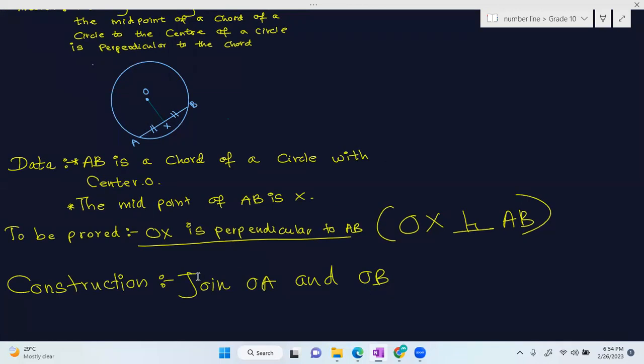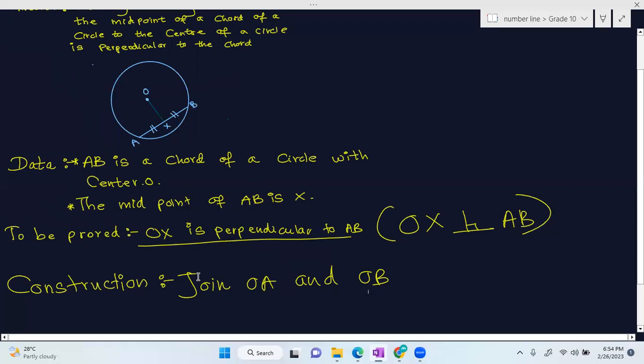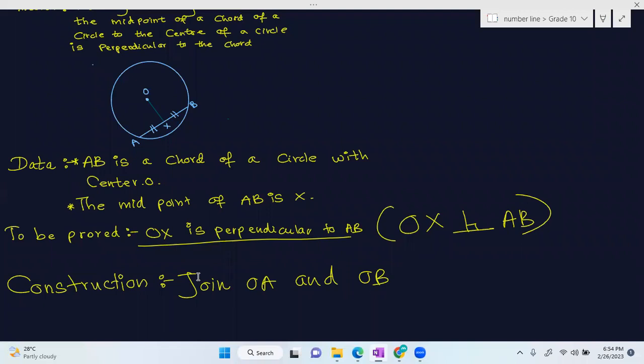Then to be proved, that means what you have to prove, we are going to prove that the line segment which joins the midpoint of the chord and the center of the circle is perpendicular to the chord. Okay, that means we can say OX is perpendicular to AB. In mathematics, we can express it like this also. Then to do this, we need to do a particular construction. Then what we do, we join OA and OB. Okay.